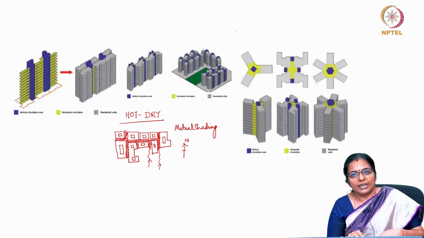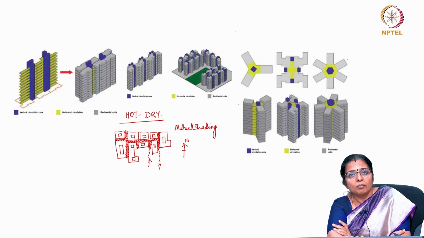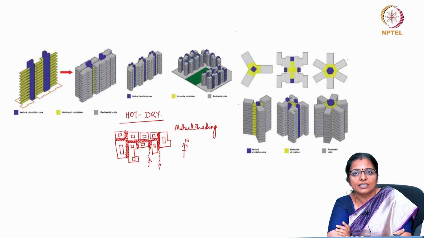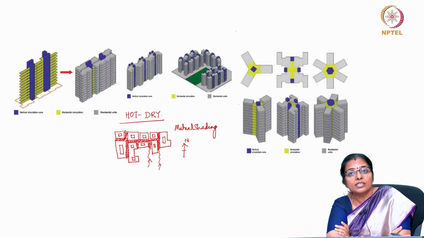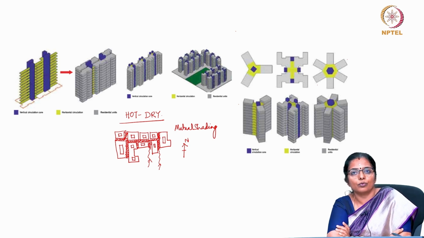In the warm humid climate, shading of the east and west elevations is difficult because of the low sun and may require special devices, whereas the south and north side can easily be protected by an overhanging roof.